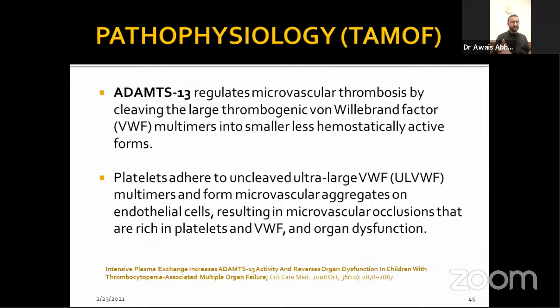Platelets adhere to the uncleaved large multimer forms of von Willebrand factor, and as a result they form microvascular aggregates on the endothelial cells. This results in microvascular occlusions in all of the organs of the body that are rich in platelets and von Willebrand factor. When microvascular occlusion happens in different organs, this is the stage when the patient lands into multi-organ failure.